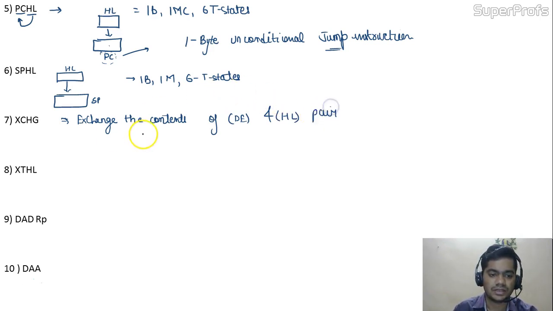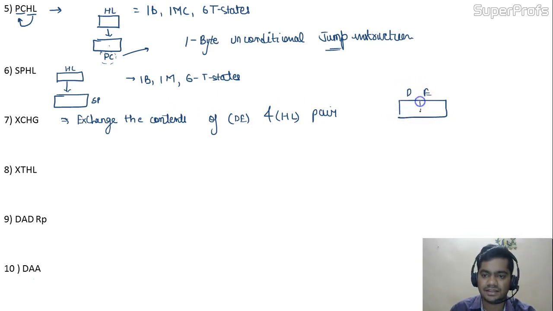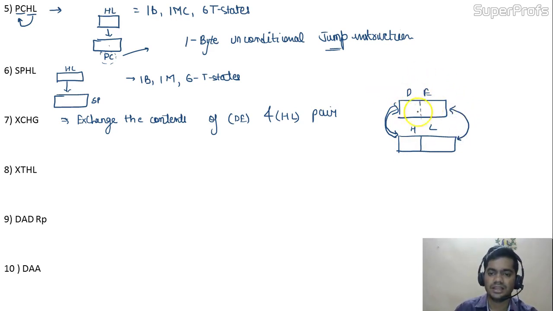Okay, so the contents of, suppose the contents are represented with this, like of DE, and these are the contents of H and L. So the contents of these would be exchanged, that is whatever is present in H would be transferred to D, and whatever is present in D would be transferred to H. Similarly here. Therefore, there would be the exchange of contents in a DE and HL register pair.